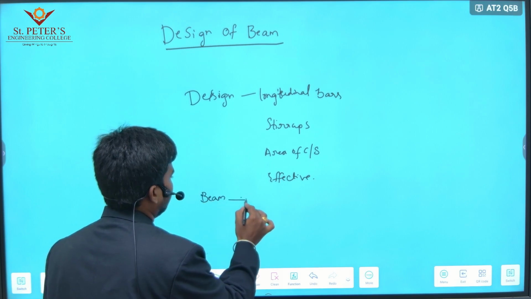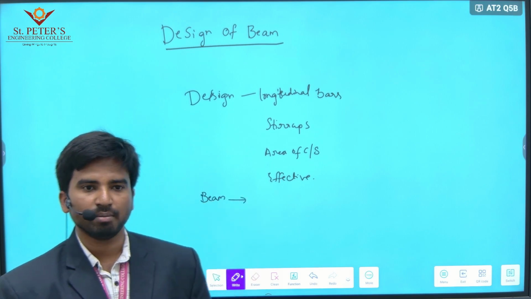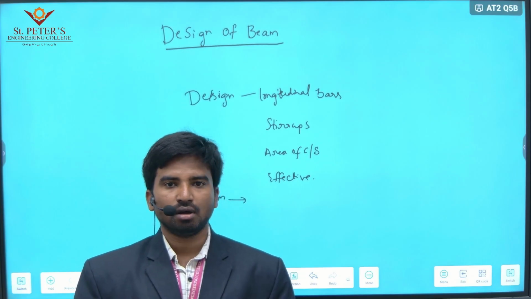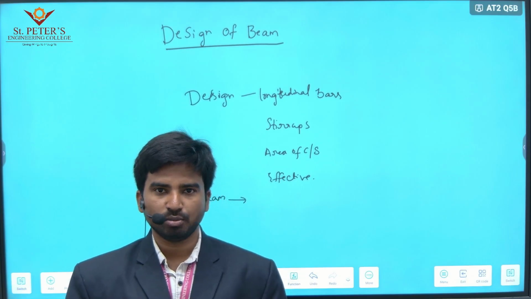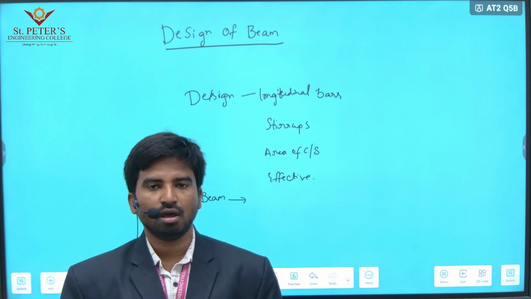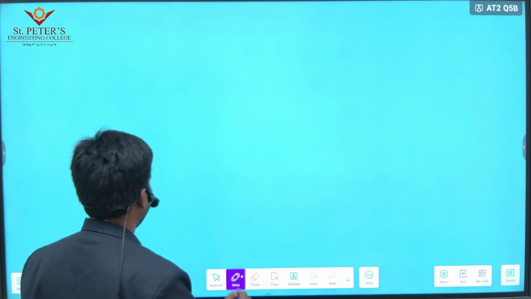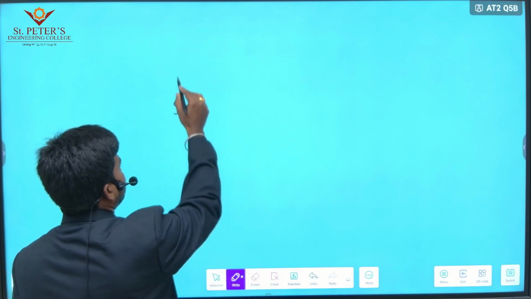So first of all, a beam is a horizontal member subjected to a number of loads, nothing but point load or concentrated load, uniformly distributed load, uniformly varying load, or couple or moment. So I will draw types of beam.